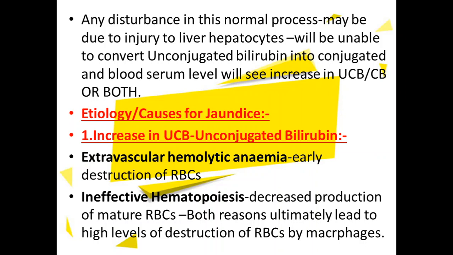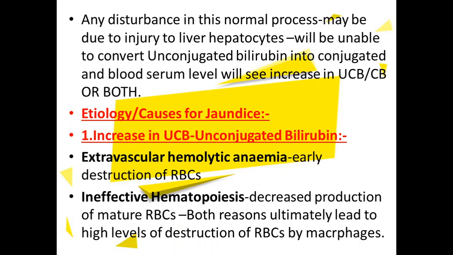What may be the disturbance? For example, the liver cells are injured. Maybe they are injured due to infections or due to certain habits of alcohol, right? The reasons may be many.